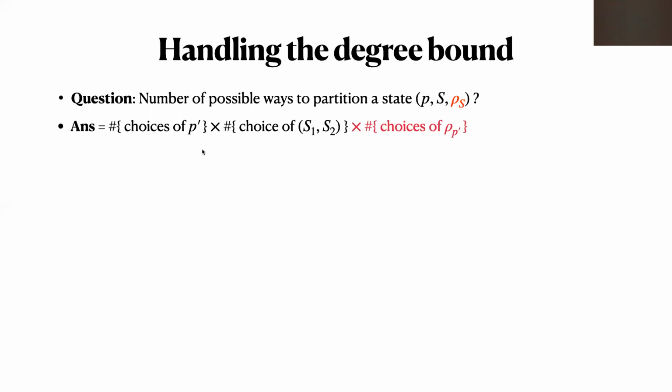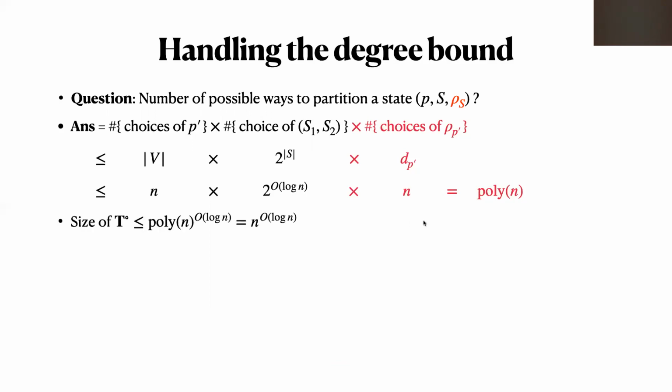And it's easy to see that the answer is still polynomial in N, since we will just multiply by an additional d_v factor, and this is at most N. Here, recall d_v prime is just the degree bound, and this number is still polynomial in N. So the size of the tree T circle is still quasi-polynomial in N.